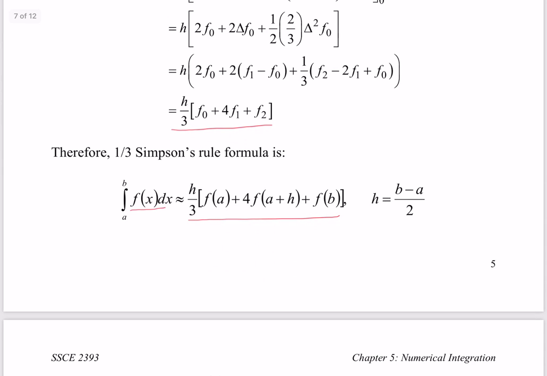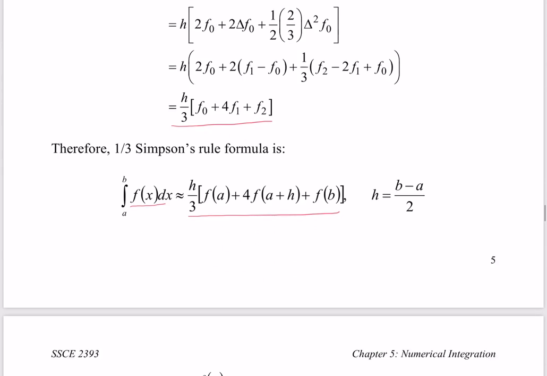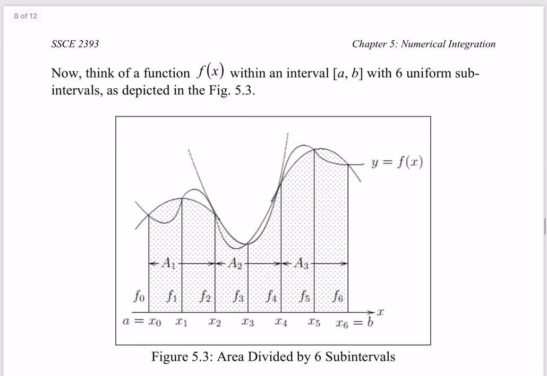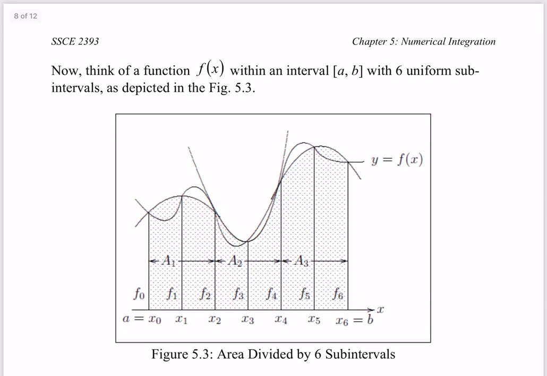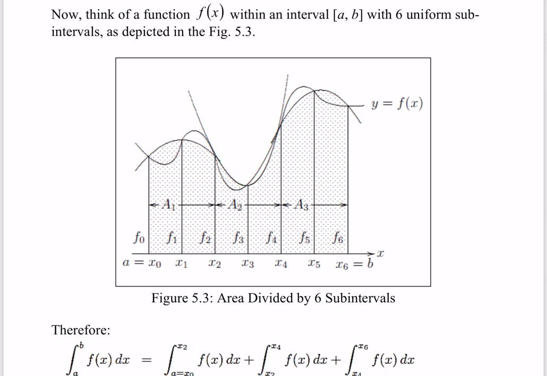Once we have this formula, we want to apply it to the graphical figure here. Let's say we have a function y equals f(x), and at first we don't know what kind of function this graph is.